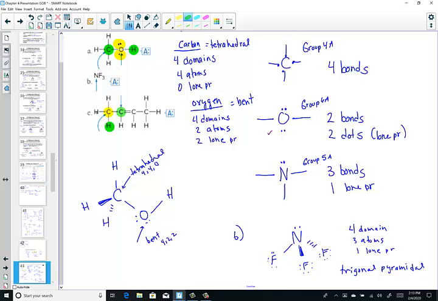Notice it has 1, 2, 3, 4. The yellow carbon that's highlighted is leading to 4 atoms. So of the 4 domains, 4 lead to atoms, and we have 0 lone pairs. So that carbon is tetrahedral. Right here, tetrahedral.